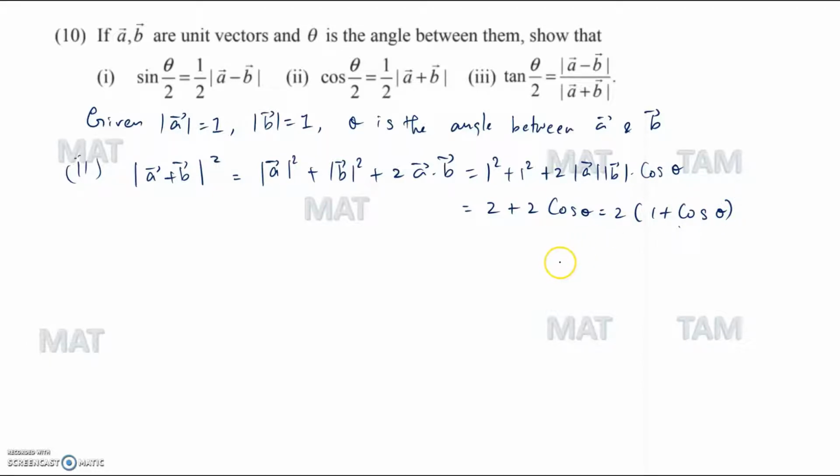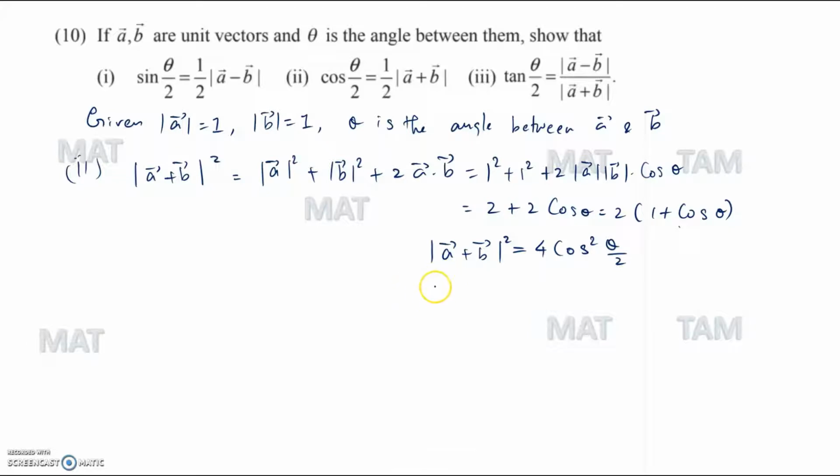Now, using the same discussion as our previous problem, this can be rewritten as 4 times cos squared theta by 2, which is equal to our magnitude of A plus B vector, the whole square.